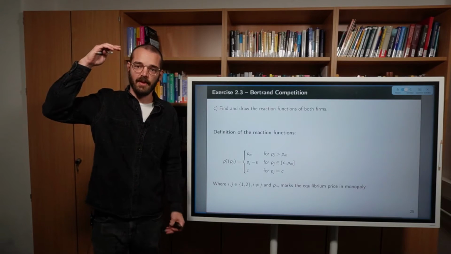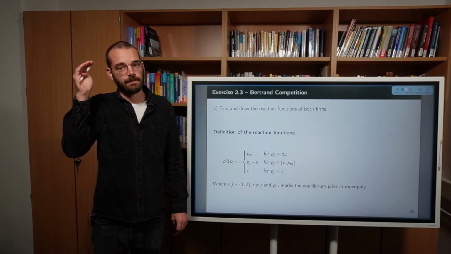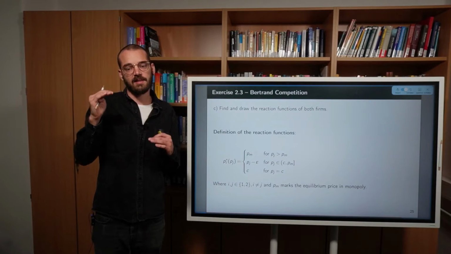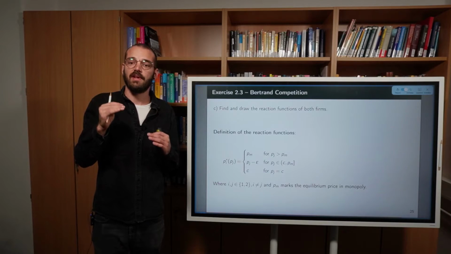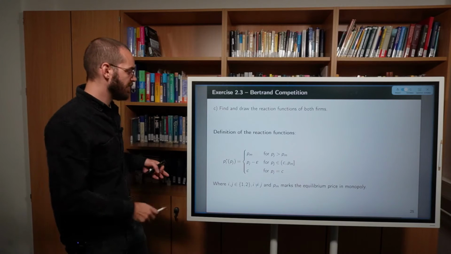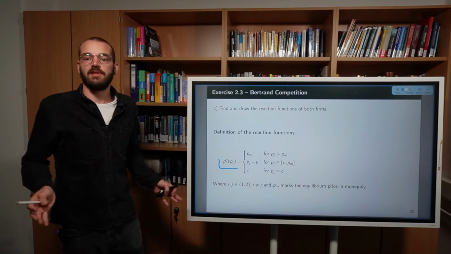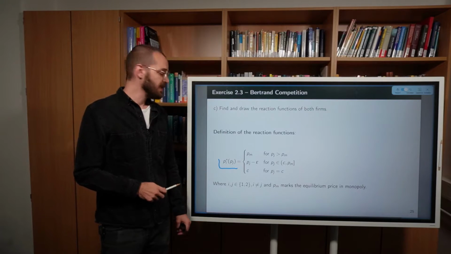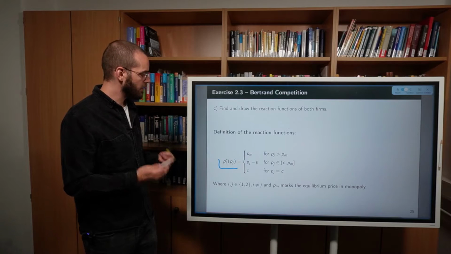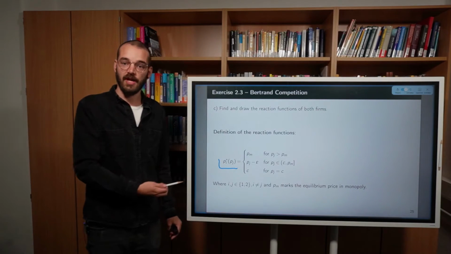Let's start looking at the highest imaginable price, and then look at how this reaction function changes as the price gets lower and lower. Because price is the strategic variable in this model, the reaction function is called p_i star, the profit maximizing price of firm i as a function of the price of firm j.